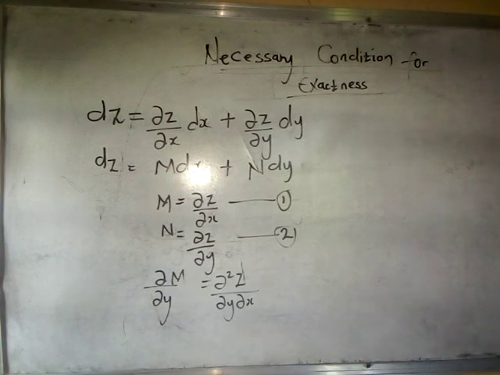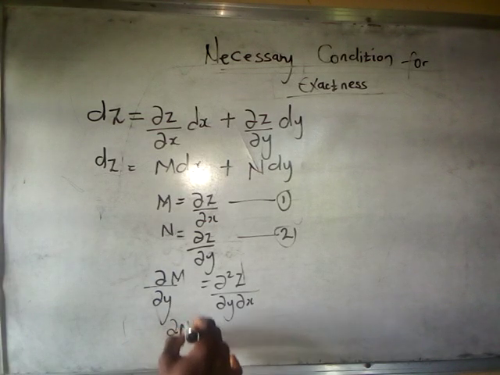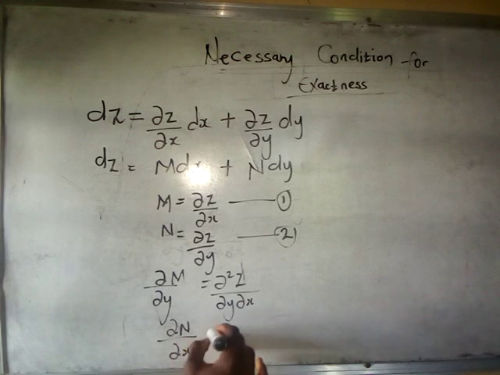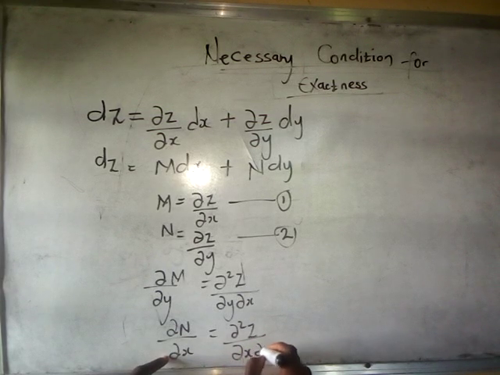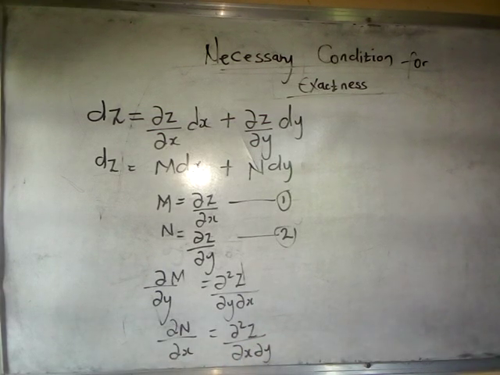I will do the same thing with my N with respect to x: the partial derivative of N with respect to x gives d squared z over the partial derivative of x and the partial derivative of y.